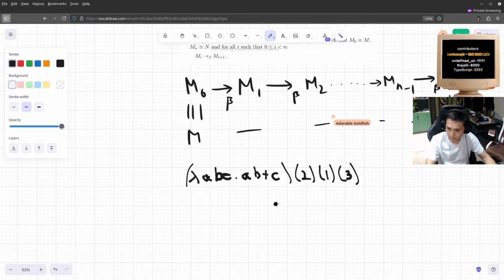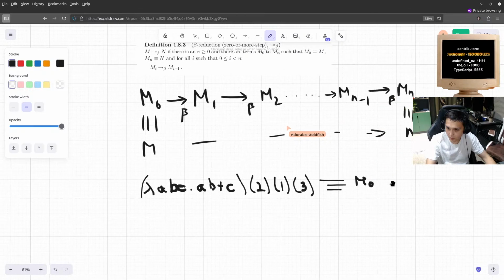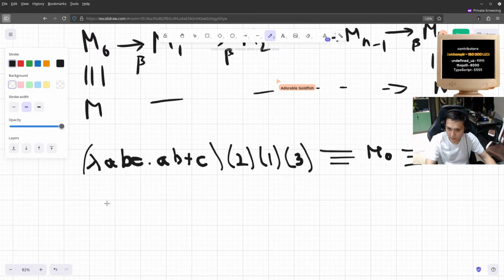So in the end, it will become... So the first step, we start on the wrap. So we can say that this one is the 0th one, or it's M, and then we stop unpacking. So that means we end up with, we apply the 2.